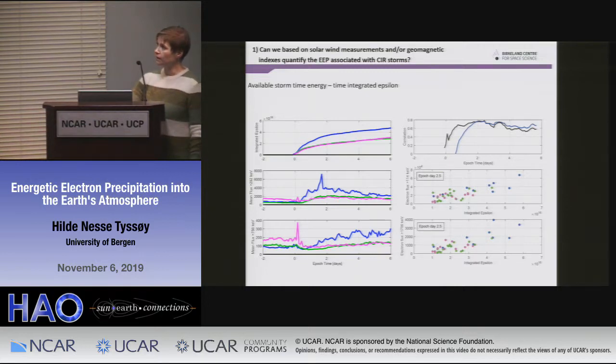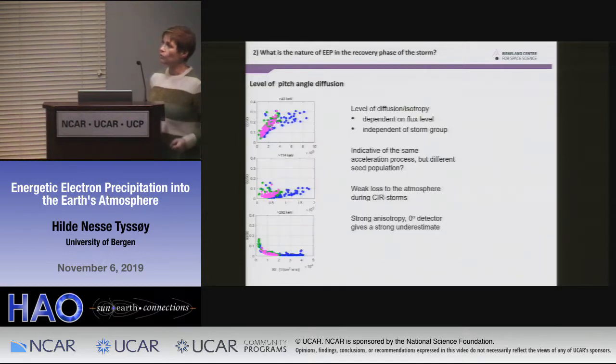But let's look a little bit more at these fluxes at different energies. I started talking about pitch angle and isotropy. How does that behave? What is the pitch angle and isotropy during these types of events?